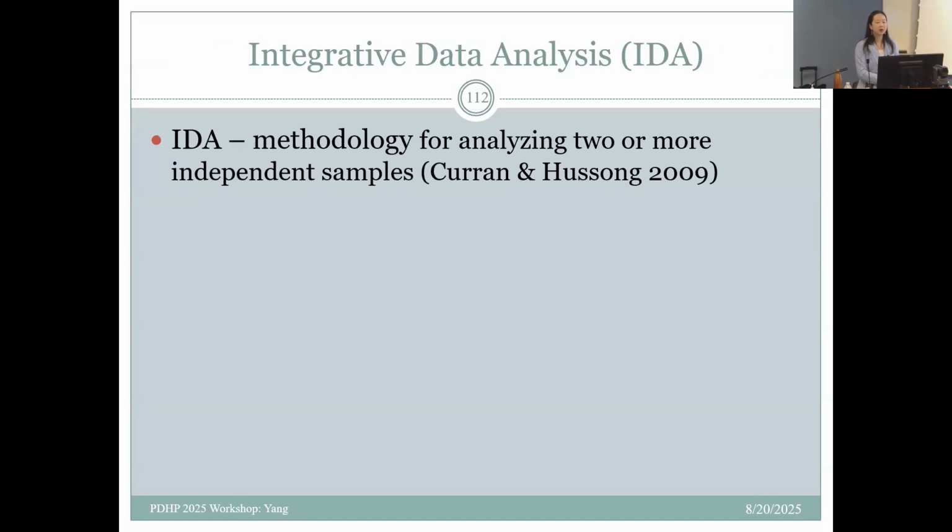And so the analytic method is called IDA, integrative data analysis, a methodology originating in psychometrics. It's a methodology for analyzing 2 or more independent samples simultaneously.